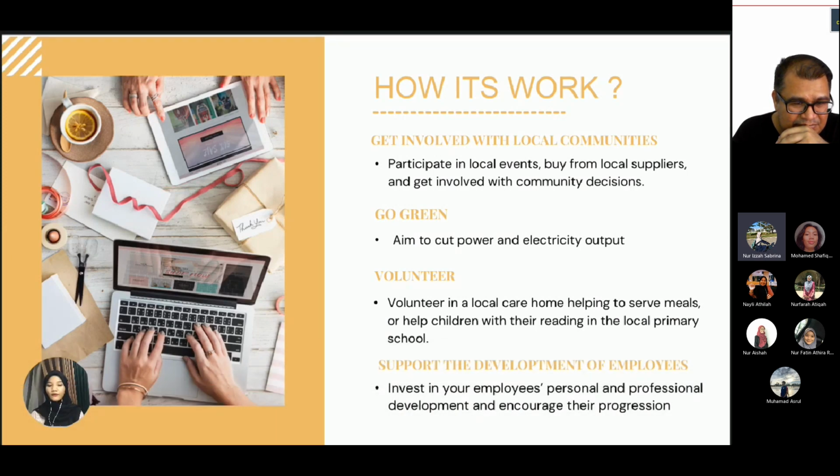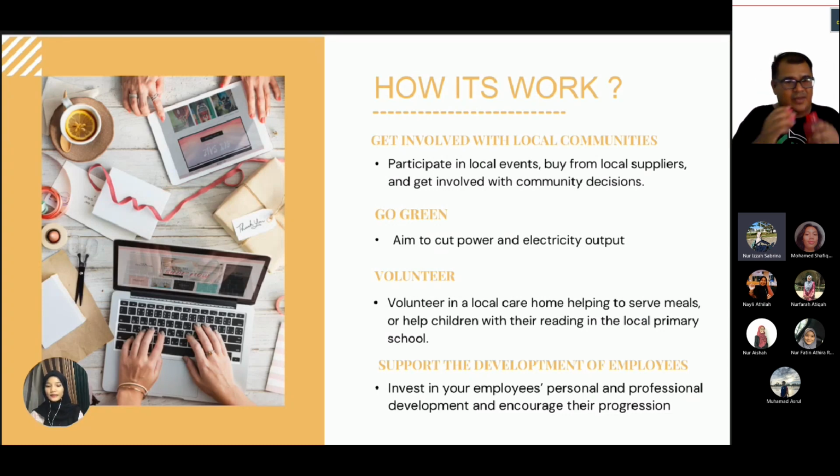Okay, last but not least is support the development of your employees. Part of CSR involves ensuring that your employees feel happy, healthy and safe whilst at work. That means you should invest in your employees' personal and also professional development and encourage their progression. For instance, one company can allocate one afternoon slot every week for employees to work on their personal development.